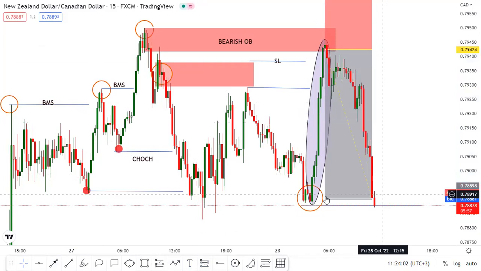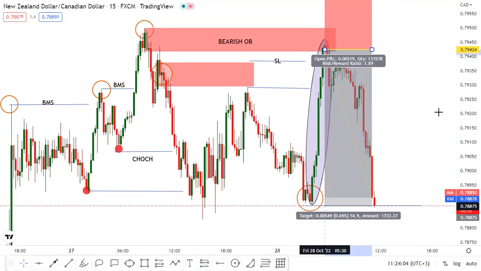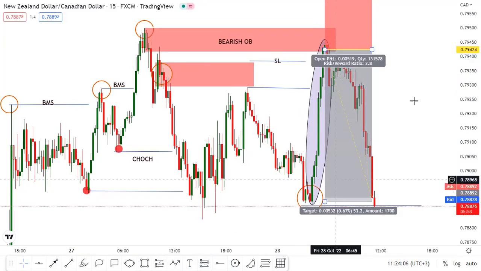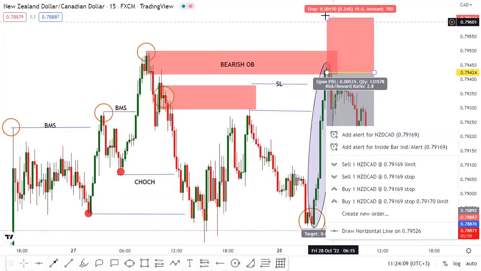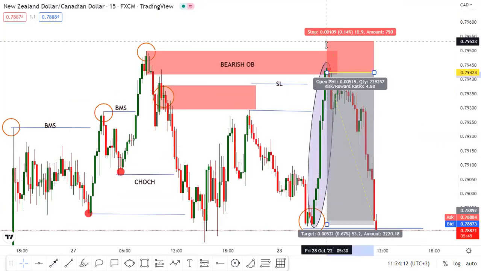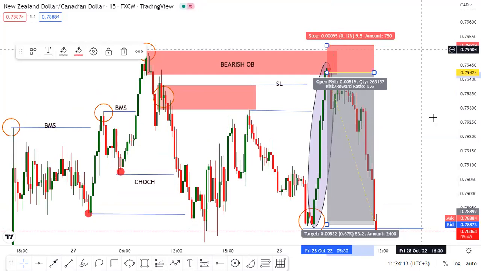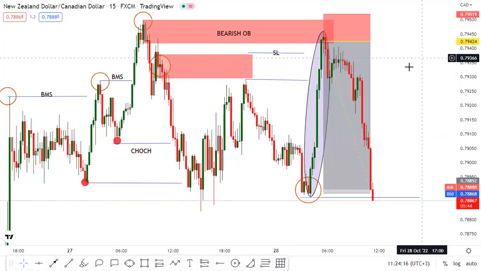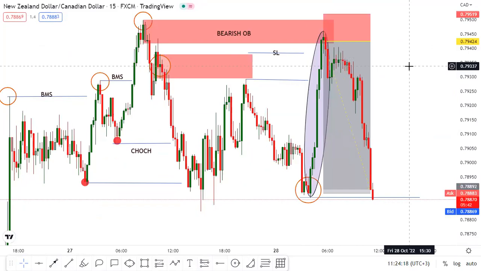Our TP has been hit here. And we have placed our stop loss here, a little bit above our order block there. So that's how we could have found our profits, and now we could have analyzed the market in a very good way. Okay.